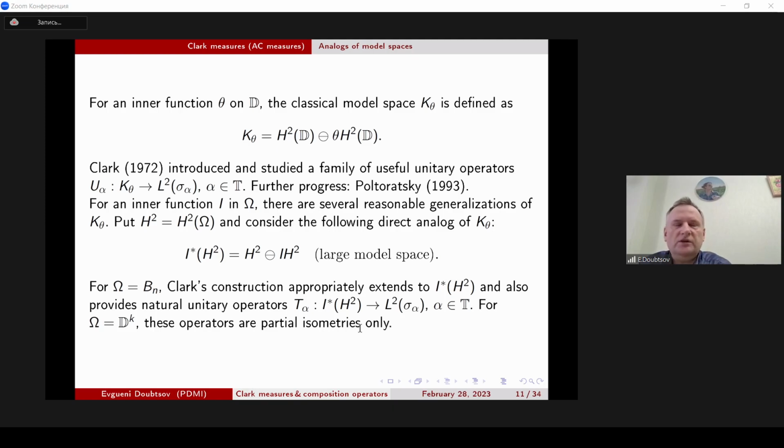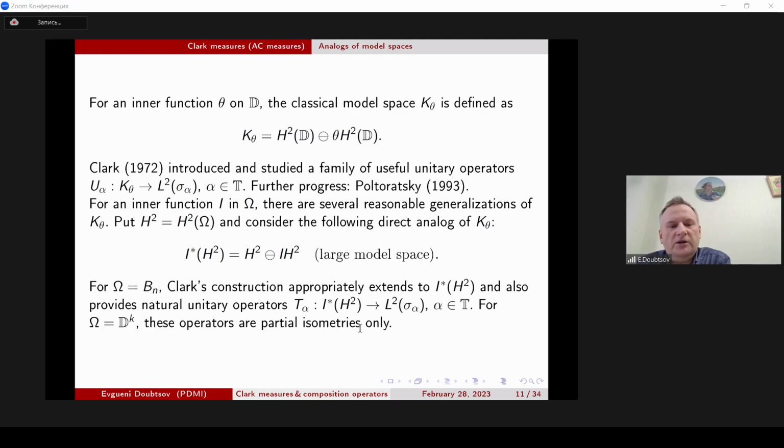At least, it's difficult to get some explicit properties of inner functions. Sometimes it's possible to obtain certain specific properties of the corresponding analogs of singular inner functions. But on the other hand, the operators T sub alpha are unitary operators.